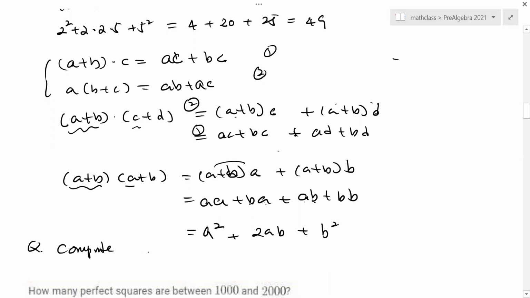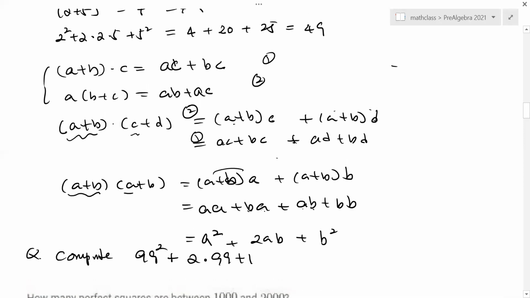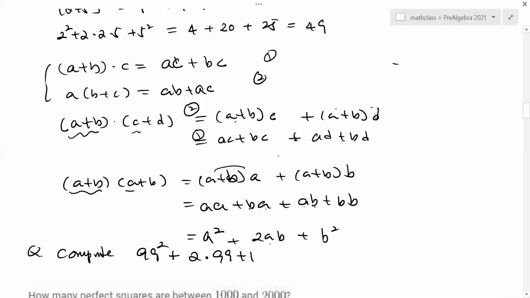Compute 99 squared plus 2 times 99 plus 1. If you recognize this is a squared plus 2ab plus b squared, then you can easily solve the problem. Here a is 99, and b is 1, and the 1 is 1 squared.